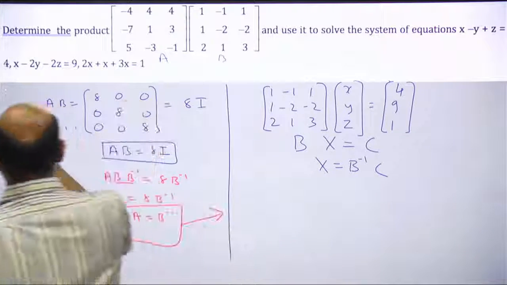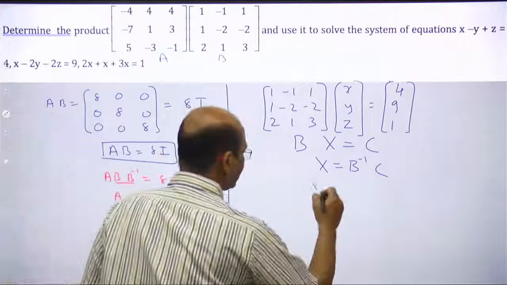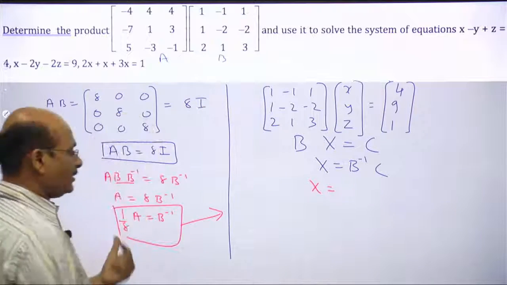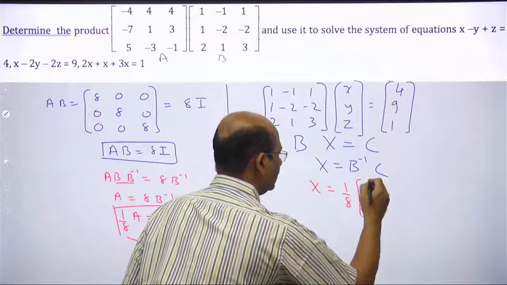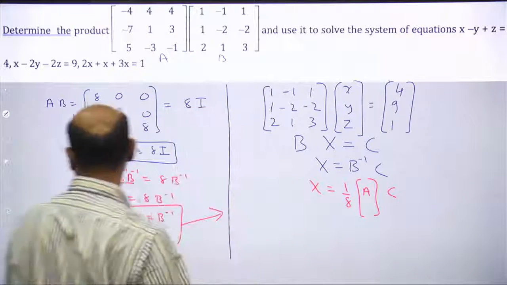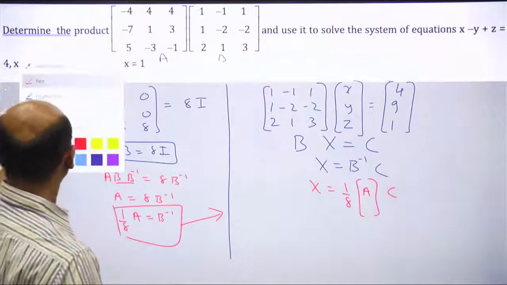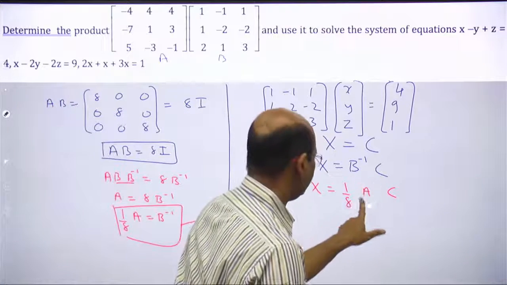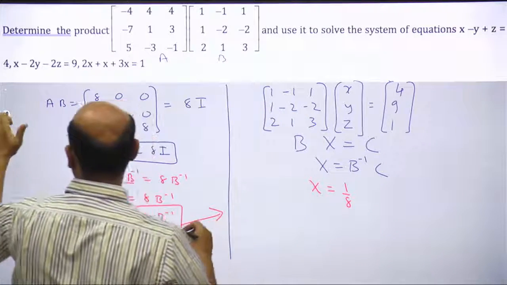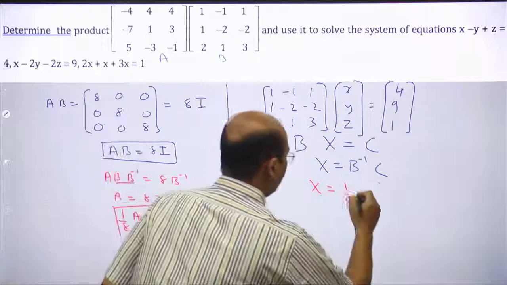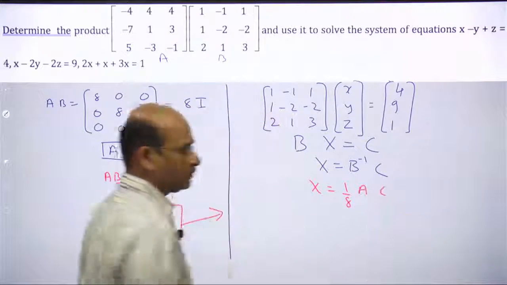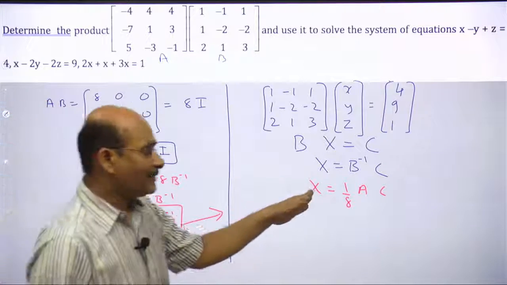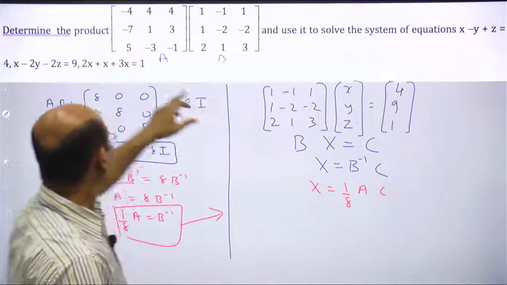So X is equal to B inverse, and I got the value 1 upon 8 A into C. Now understand, X is the unknown matrix. A you already know. What is A?